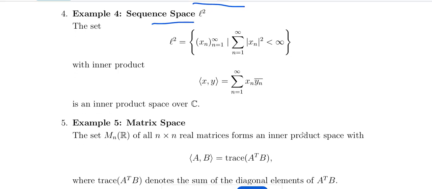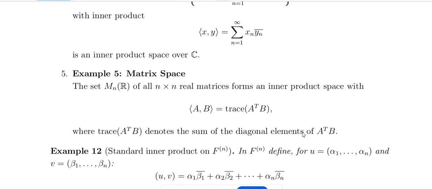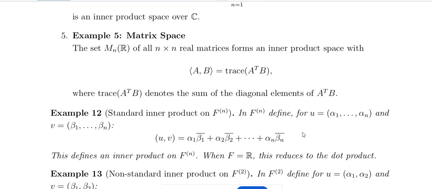It is an inner product space over C. And the matrix space Mn(R), that is n by n real matrices whose entries are real, forms an inner product space with the inner product of (A, B) defined as the trace of A transpose into B.